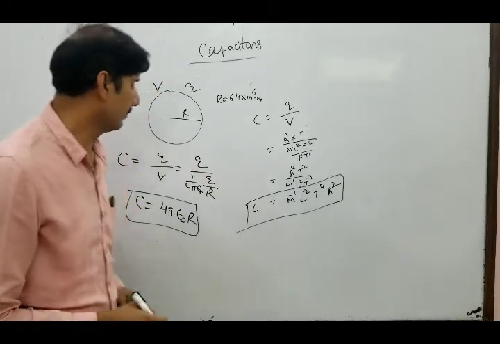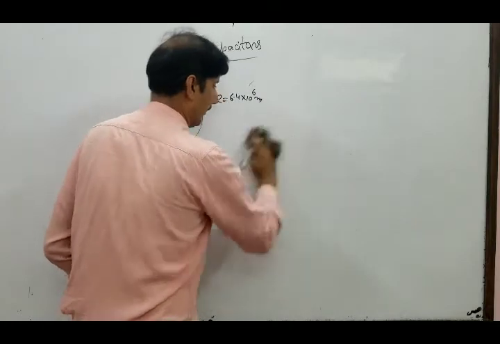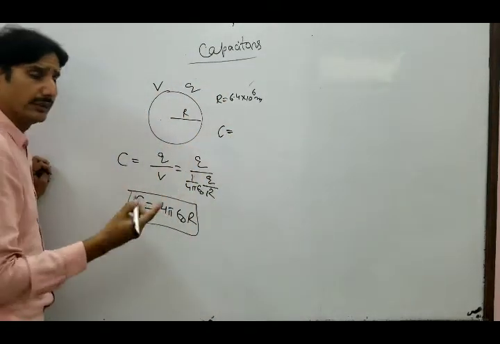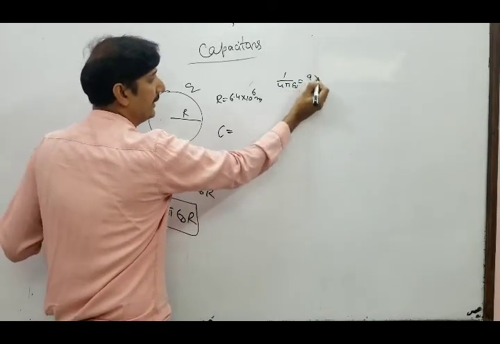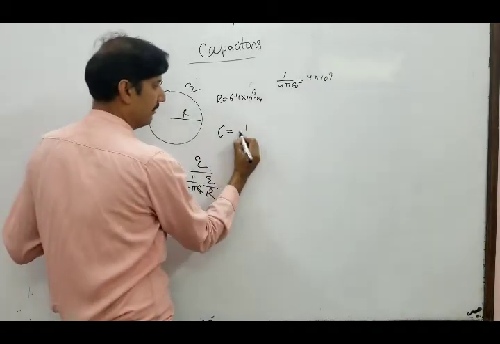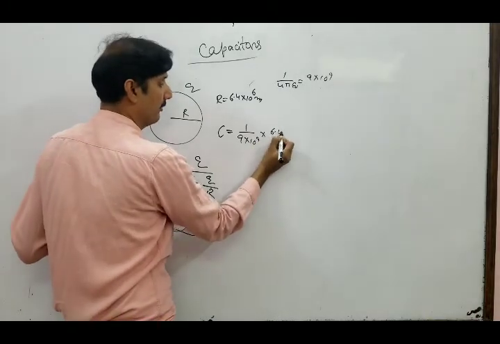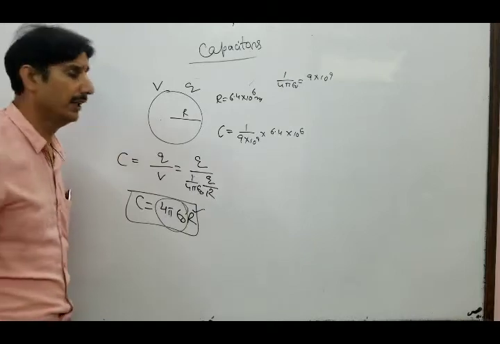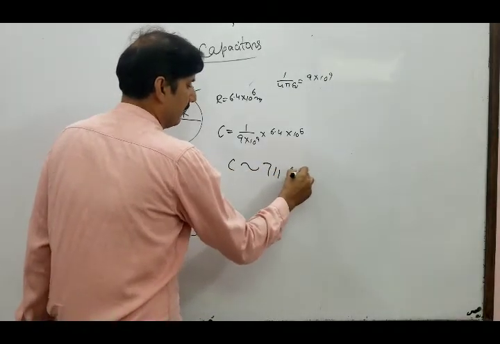And let's find out its capacity, the numerical value. We know that 1 by 4 pi epsilon naught is 9 into 10 raised to the power 9. So C is basically 1 by 9 into 10 raised to the power 9 into 6.4 into 10 raised to the power 6, the value of R. To solve it out, it will turn out to be around 711 microfarads.